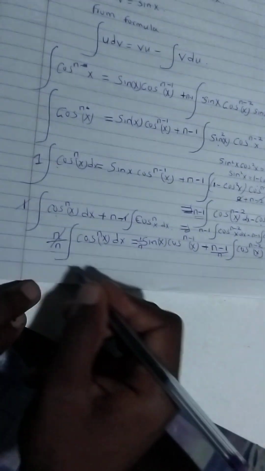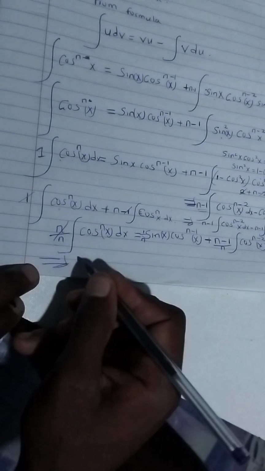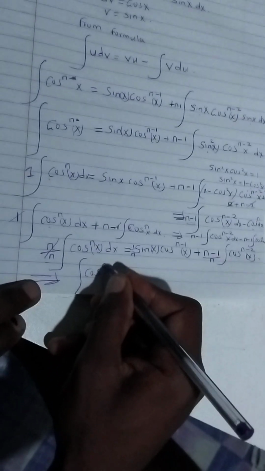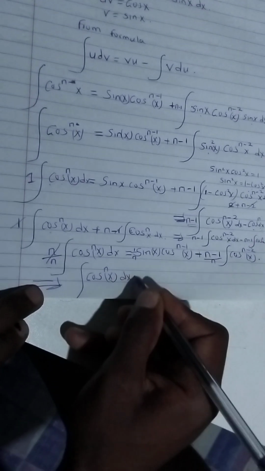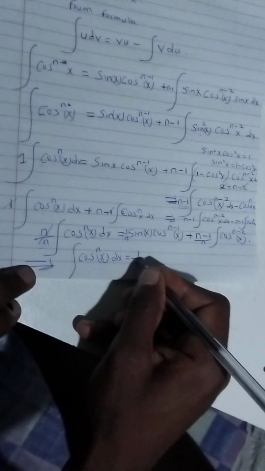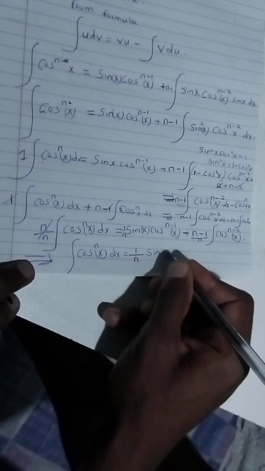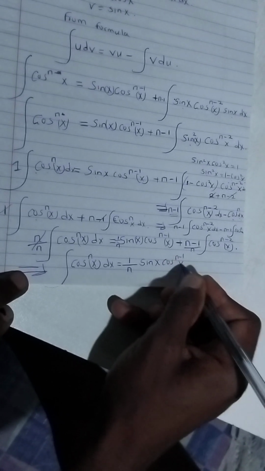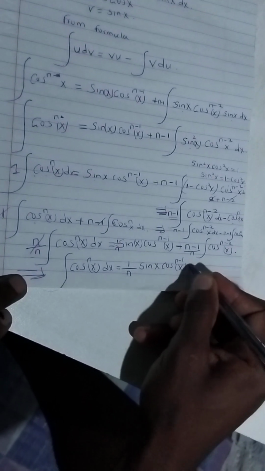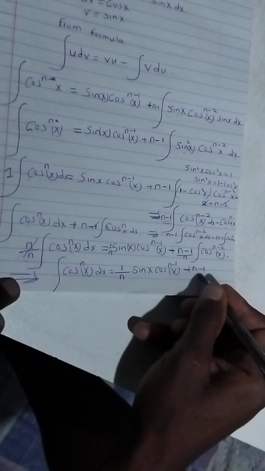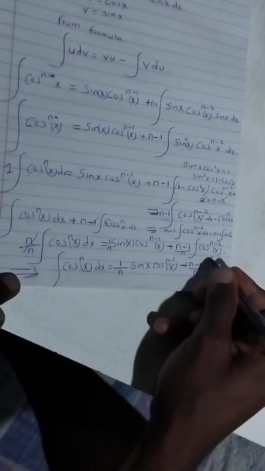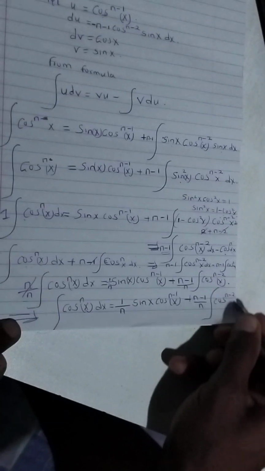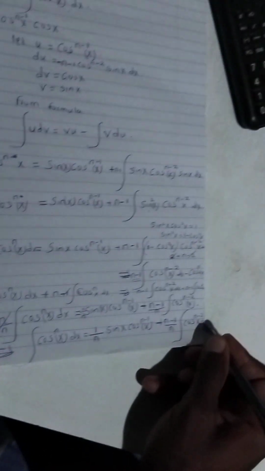So this one will cancel, and now our reduction formula finally will be: the integral of cos^n x dx is equivalent to 1 over n times sin x cos^(n-1) x, plus (n-1) over n times the integral of cos^(n-2) x dx.